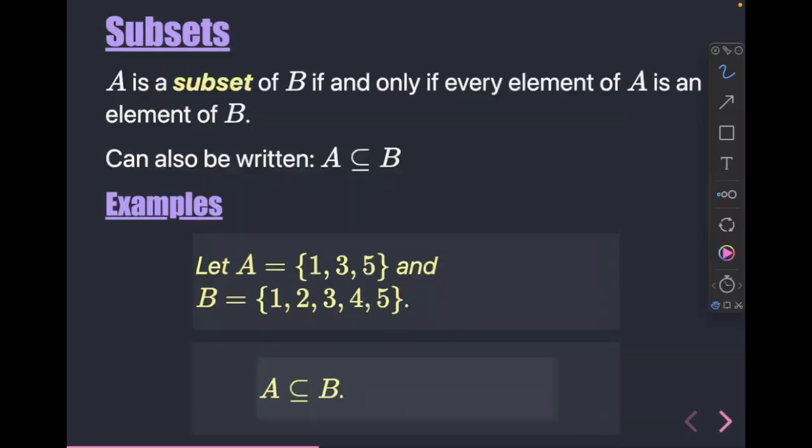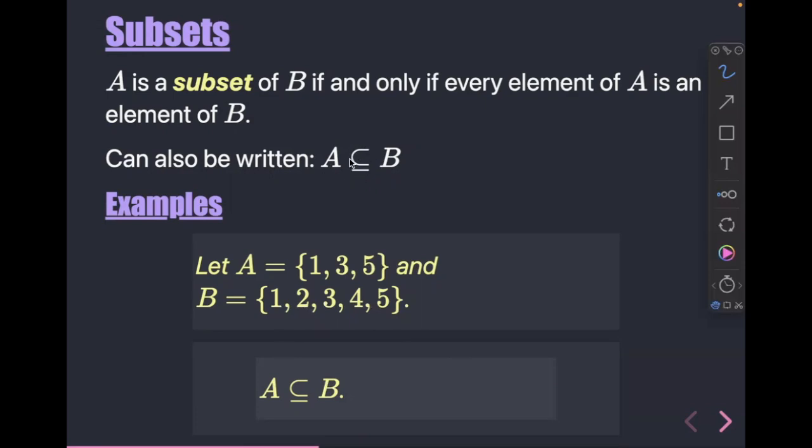Another type of notation that's going to be really common is the subset notation. Basically, A is a subset of B if and only if every element of A is an element of B. So B has to contain everything that is in A. This is often written with this type of notation.